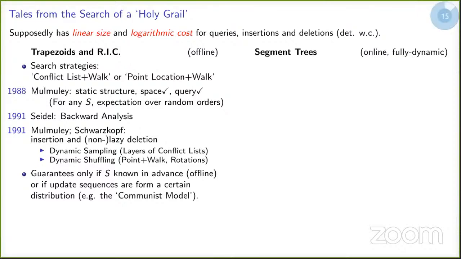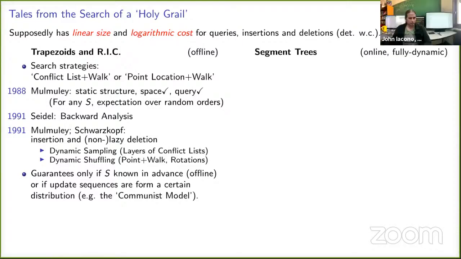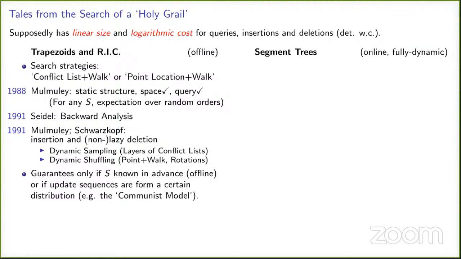Therefore, people started to look more at the segment trees approach, which provides online and fully dynamic structures. The first successful attempts were from Baumgarten, Jung, and Mehlhorn. They introduced dynamic fractional cascading to obtain a search structure of linear space.